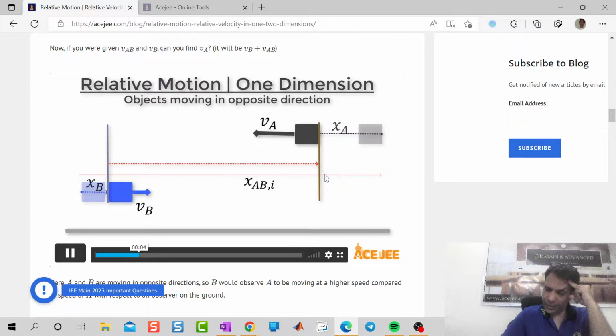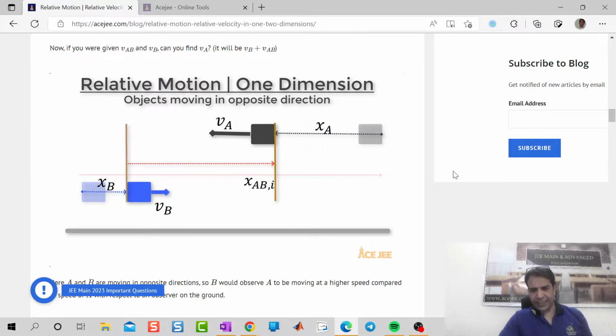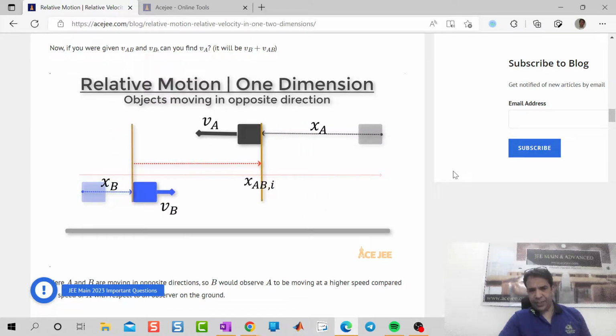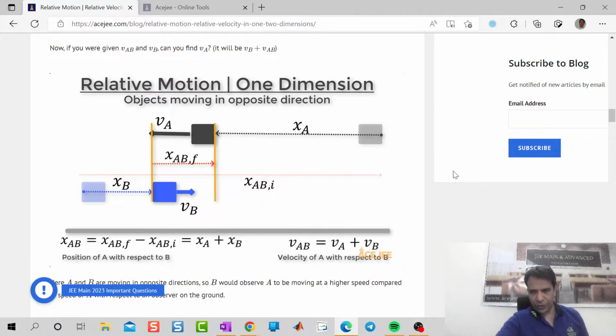Here is a quick demonstration. Even though we understand these things, sometimes it's fun to watch it, right? So what is it showing us?